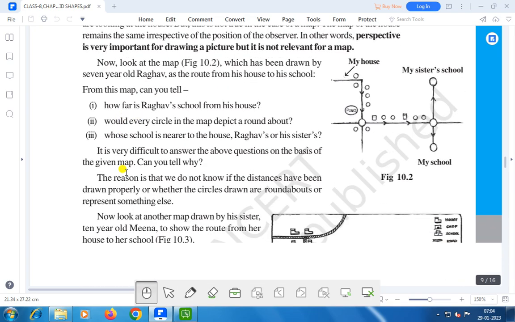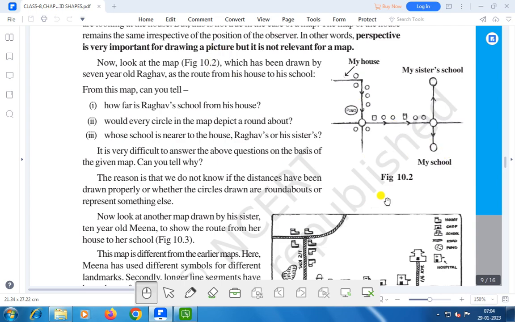Now look at map 10.2, which has been drawn by 7-year-old Raghav as the route from his house to his school. From this map, can you tell how far Raghav's school is from his house? Would every circle in the map depict a roundabout?